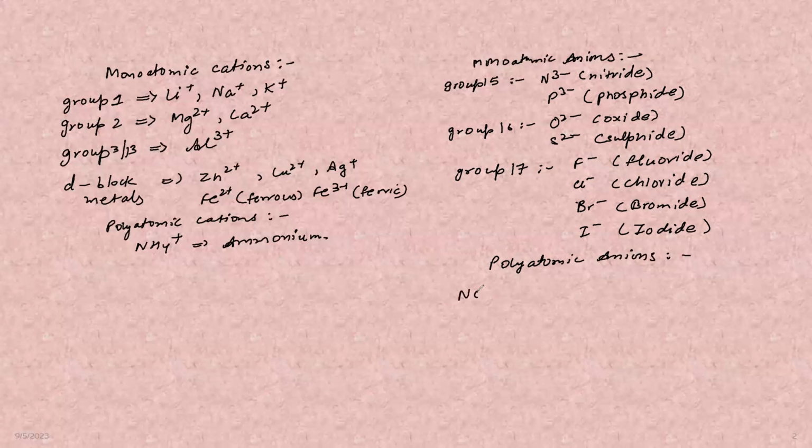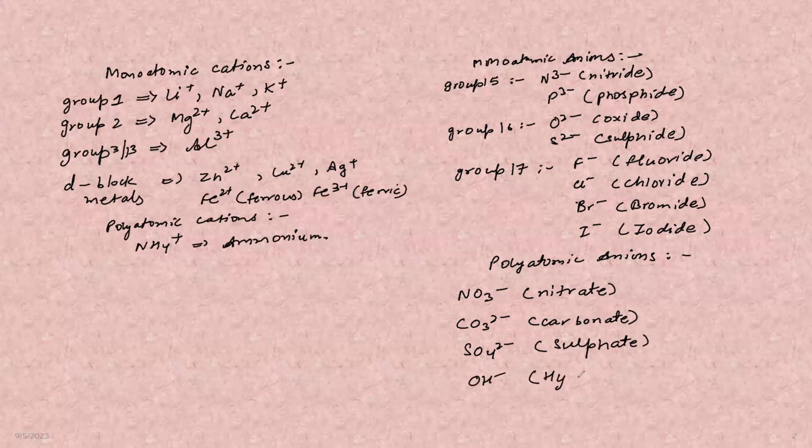So nitrate, NO3 negative; CO3 2 negative, carbonate; SO4 2 negative, sulfate; OH negative, hydroxide; and next we have PO4 3 negative, phosphate.